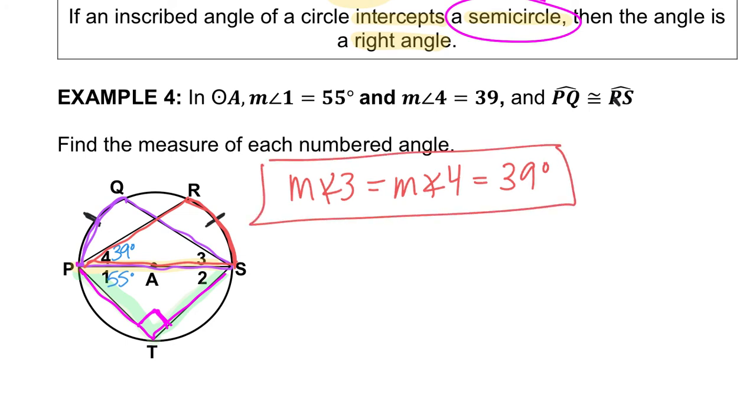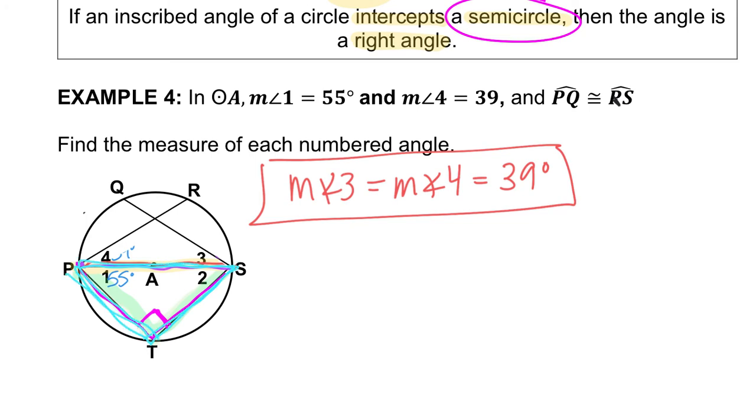Okay, and I'm going to go ahead and, again, kind of clean this up to help us out with the next part. Now, when we find the measurement of angle 2, what we need to focus on here is going to be this triangle, okay? Triangle PST.